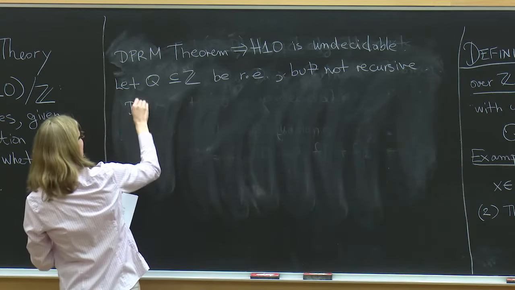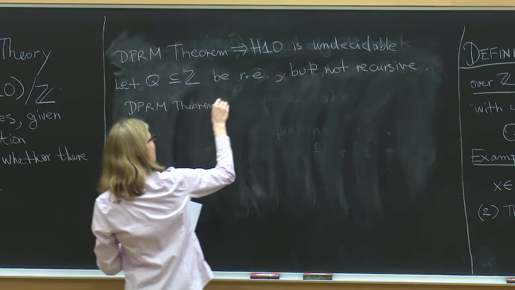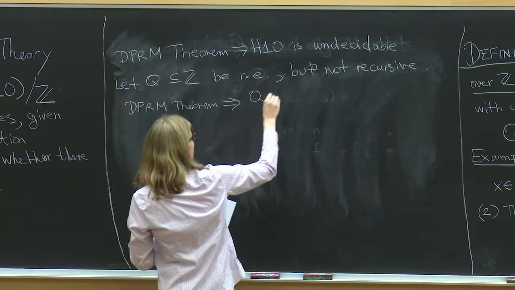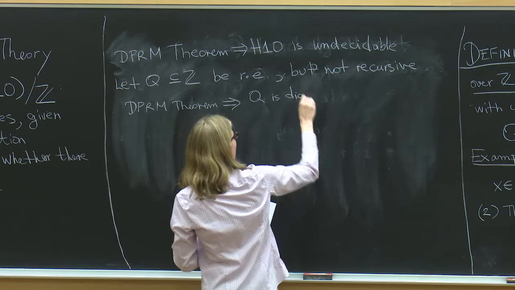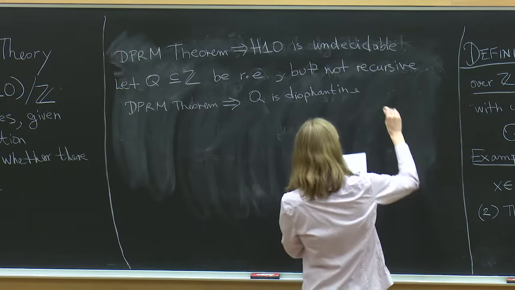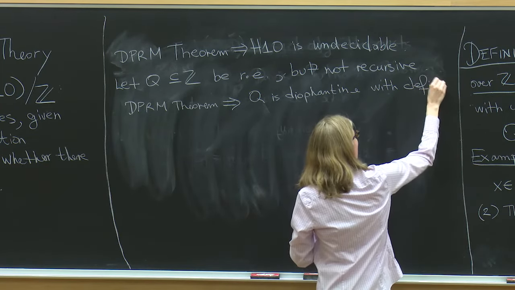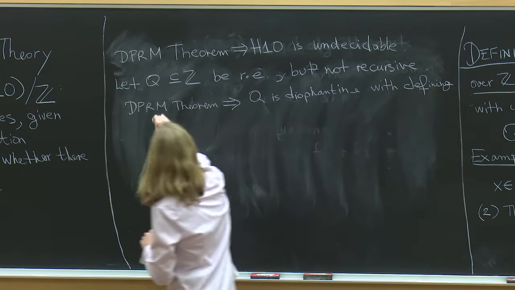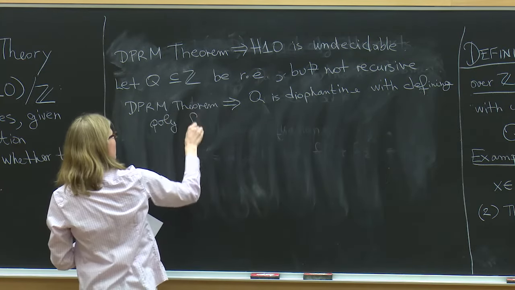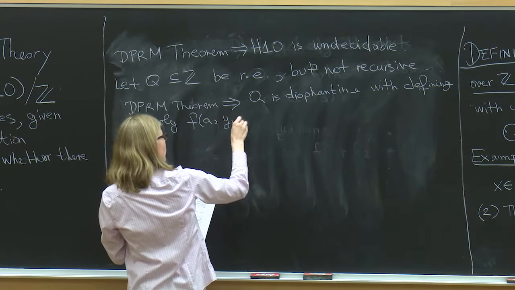And so then the DPRM theorem implies that Q is Diophantine. Let's give the defining polynomial a name. So let's say it's f(a, y1 through ym).